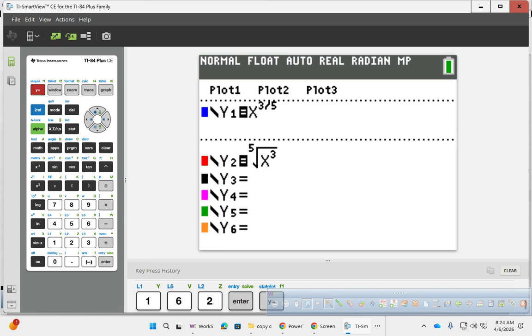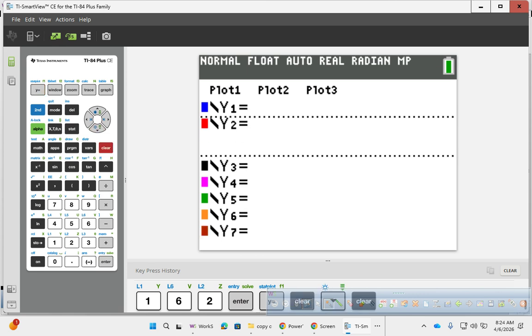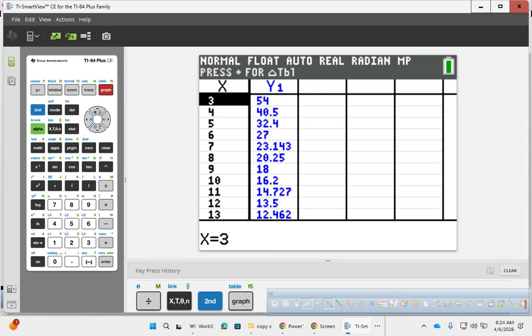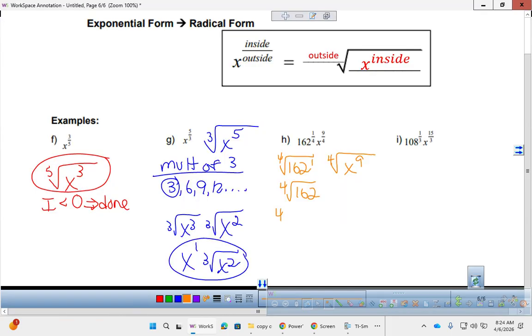So I'm going to go to my y equals screen and I'm going to do 162 divided by x. And I'm looking for a perfect 4. 81. And next to it was a 2.